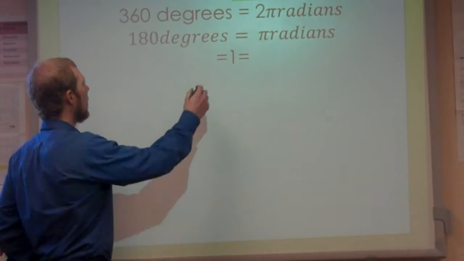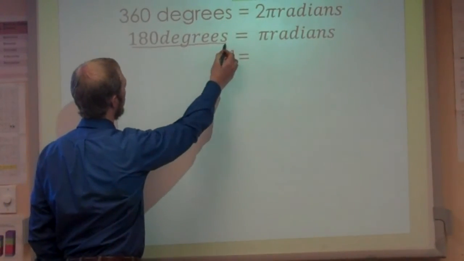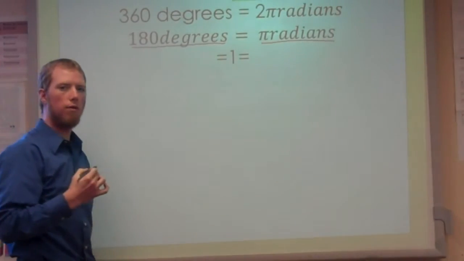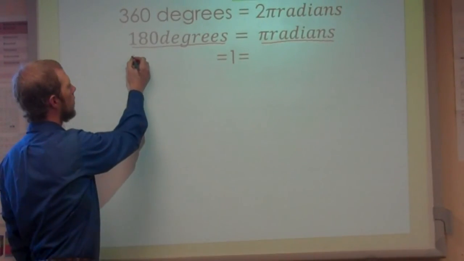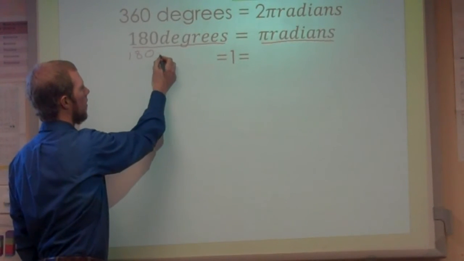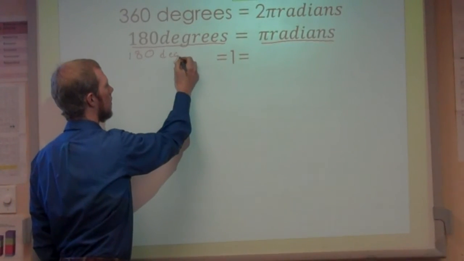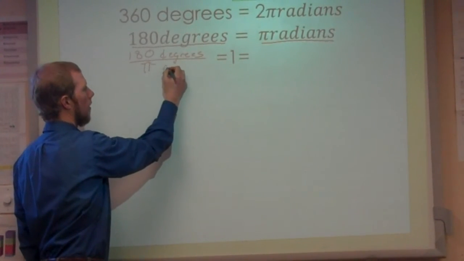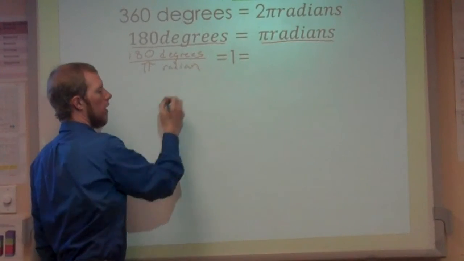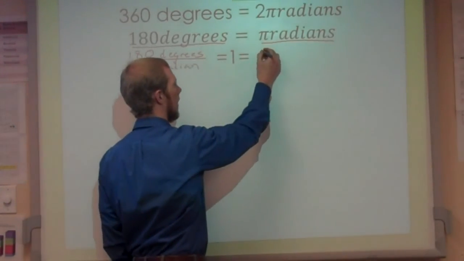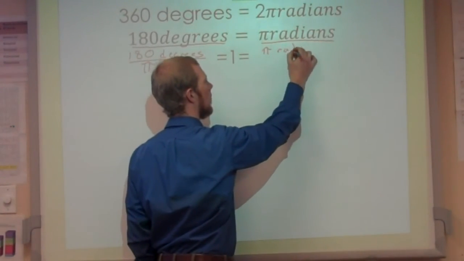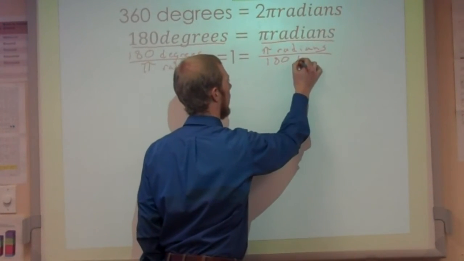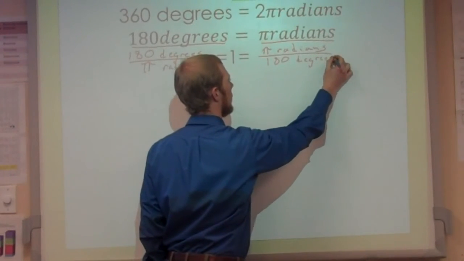We're going to do that by either dividing both sides by 180 or dividing both sides by pi radians. If I divide both sides by pi radians, I get 180 degrees over pi radians. And if I divide both sides by 180 degrees, I get pi radians over 180 degrees.